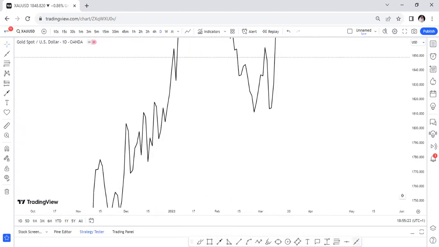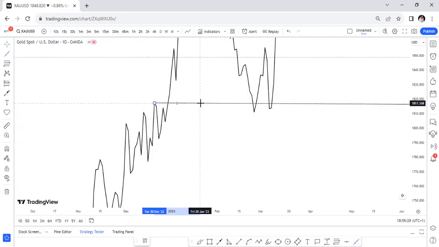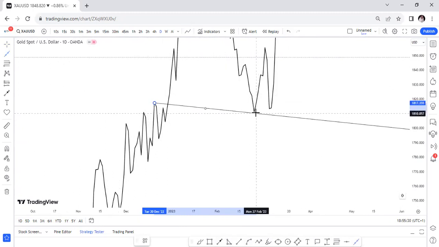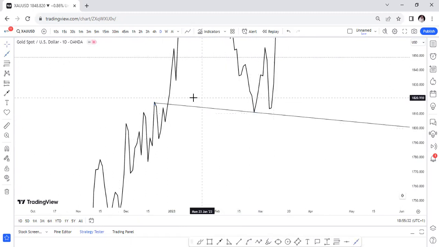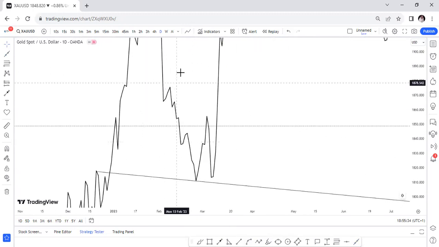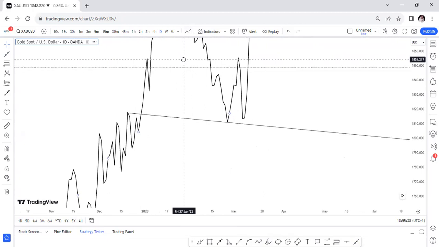Like this. I'm sure this one will be able to.